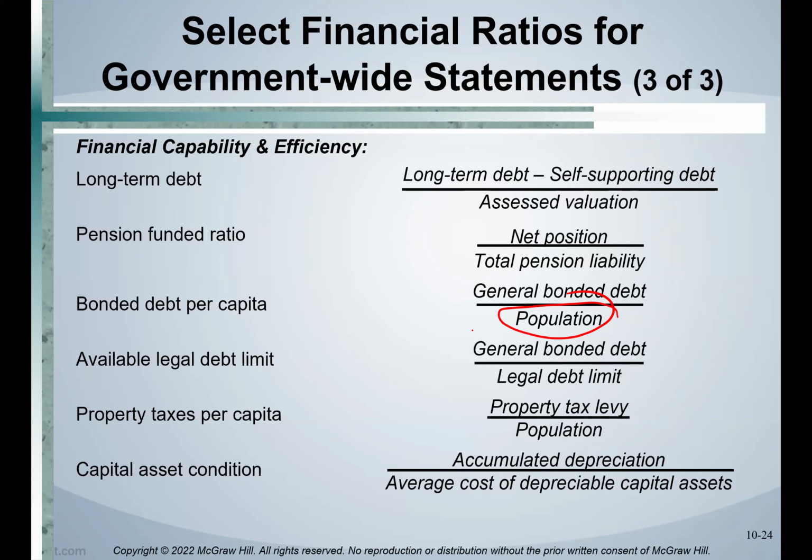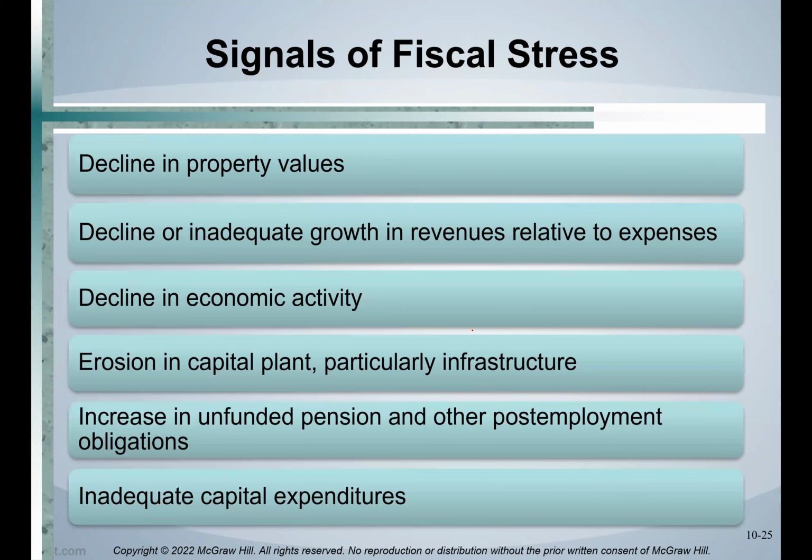Remember that last part of the annual comprehensive financial report, the statistical section might have a lot of the information that you would use to answer some of these things if you chose one of these. Yes, that's where it is, in the stats. Okay, good.